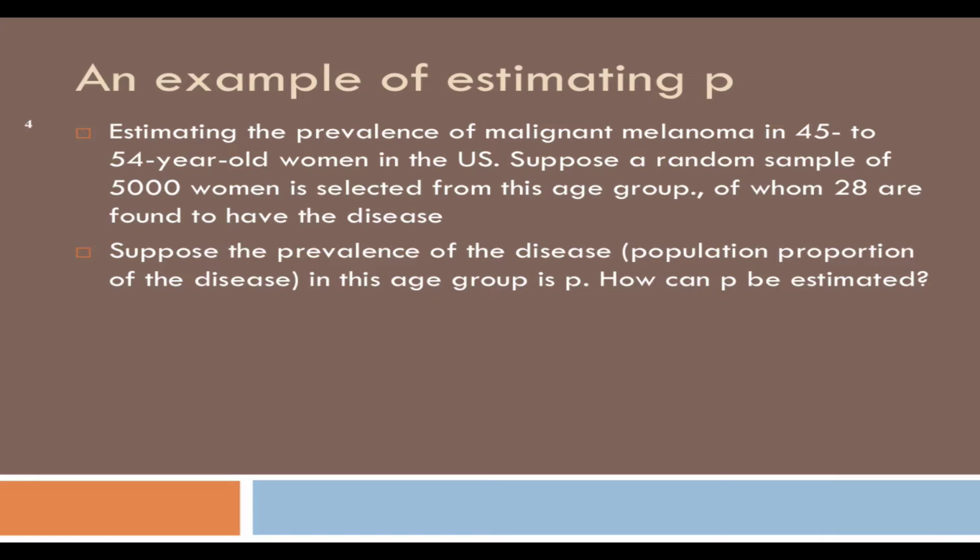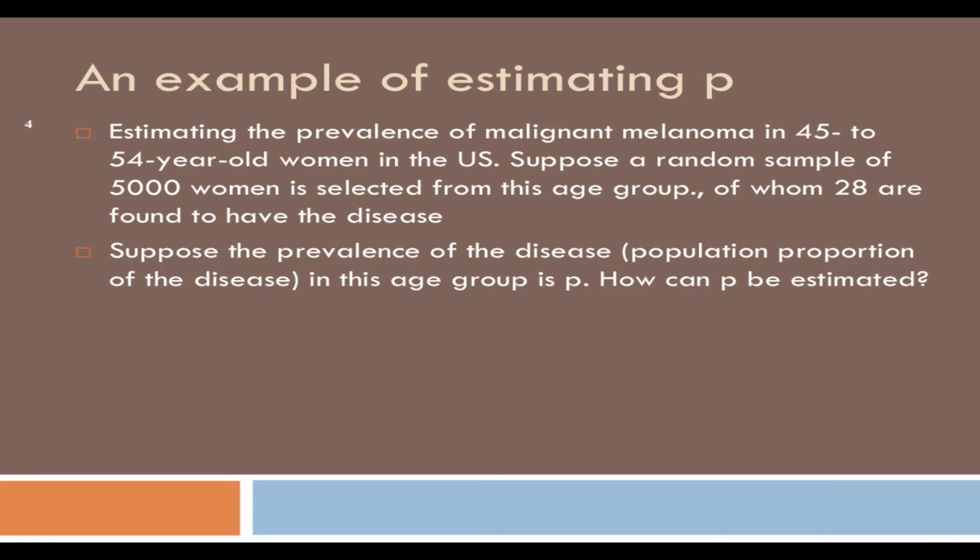A researcher goes ahead and obtains a sample of 5,000, and she checks in each of these 5,000 women whether or not a particular sample has melanoma. And in the end, she found that 28 of those have melanoma. So this is the situation.